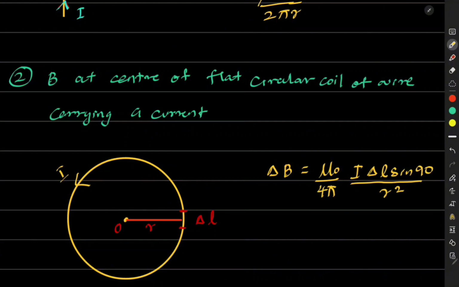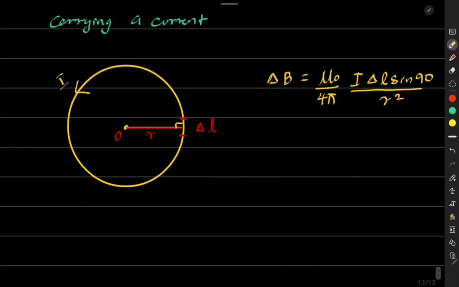We use sine 90 here because the angle between the wire element and the line to the center is 90 degrees. Normally, the magnetic field passes through the plane either upwards or downwards in a circular coil. We can use the right hand corkscrew rule or right hand grip rule to find the direction of the magnetic field lines.